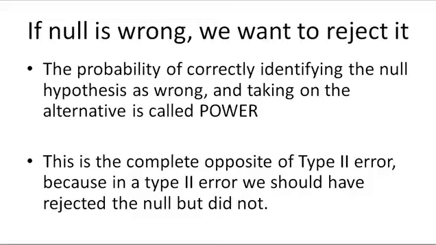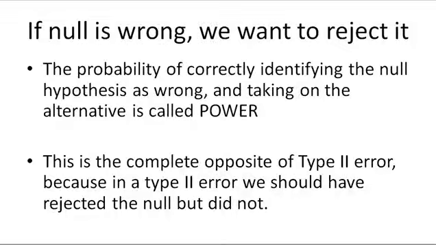All right, now the last major thing I want to talk about is that if the null is wrong, we want to reject it, right? I mean, this is doing the right thing. If your null hypothesis really is incorrect, we want to find evidence to reject it and go with the alternative. The probability of correctly identifying the null hypothesis as wrong and taking on the alternative is called power.